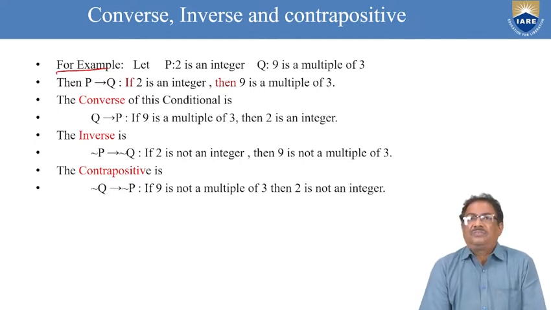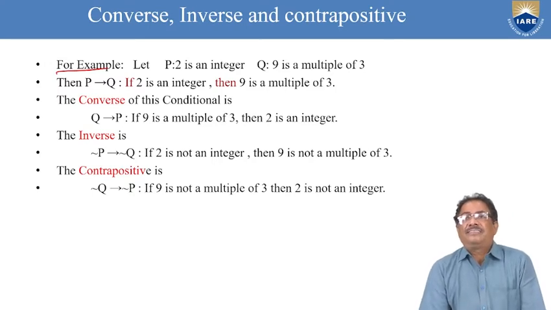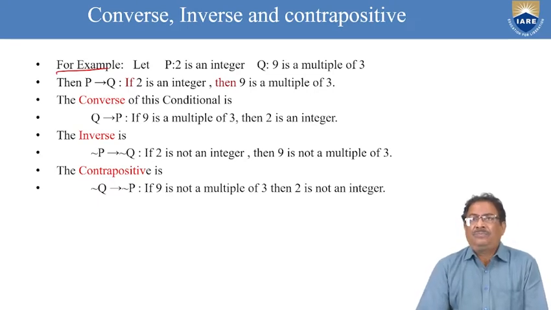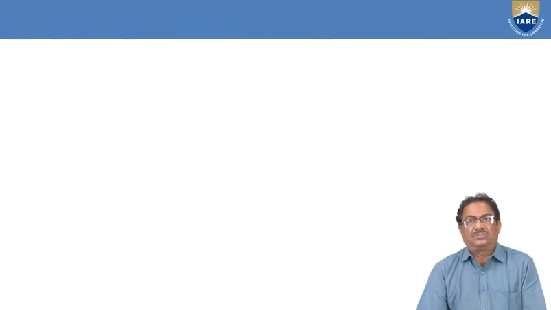Then its contrapositive is: if negation of Q, then negation of P. That is, if 9 is not a multiple of 3, then 2 is not an integer. So this is one example of how we convert sentences into converse, inverse, and contrapositive.